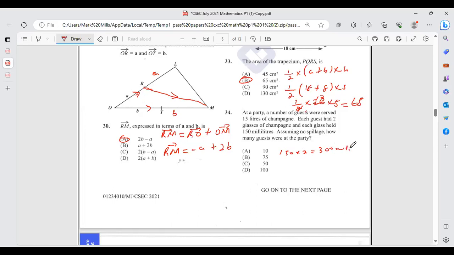Now, remember that they are in liters, so we need to convert the liters into milliliters. So we are going to say 15 times 1,000, which gives me 15,000 milliliters.